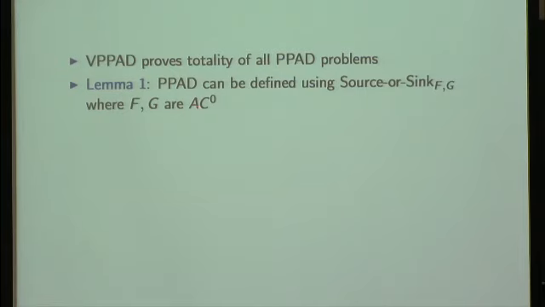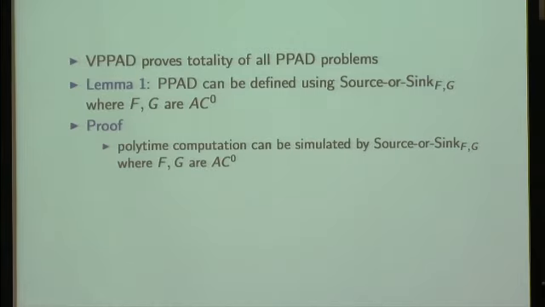Why is this true? The reason is really that we can use source or sink for AC0 functions to simulate polytime functions. In this case, the search space for the source or sink instance is the computation of the polytime machine, and we can easily define the graph of it.